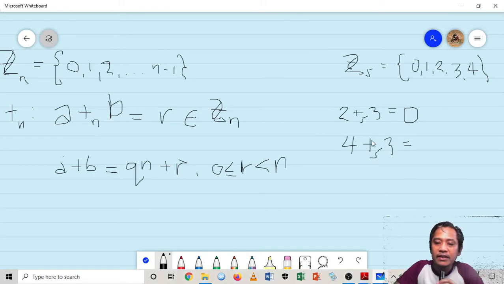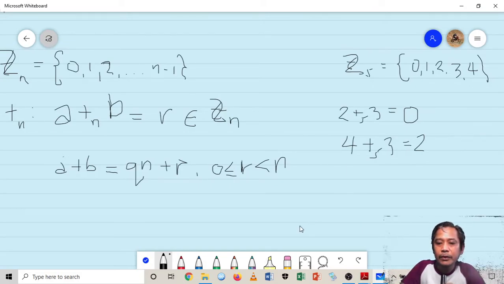But if you divide 7 by 5, the quotient is 1 and the remainder is 2. So 4 plus 3 modulo 5 is 2. Or, 4 plus 1 modulo 5 is 0.